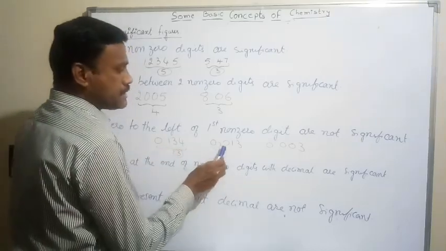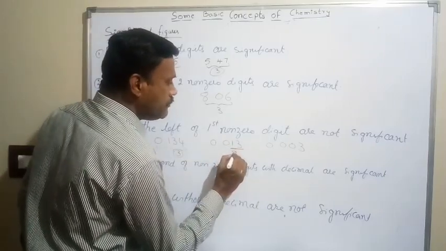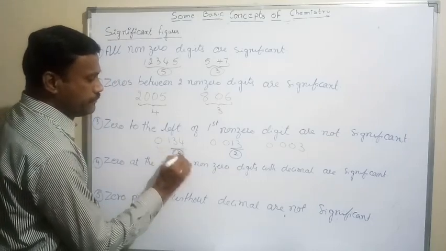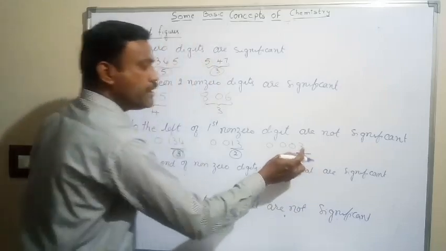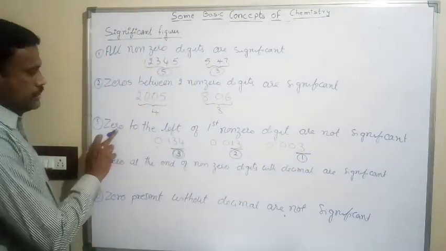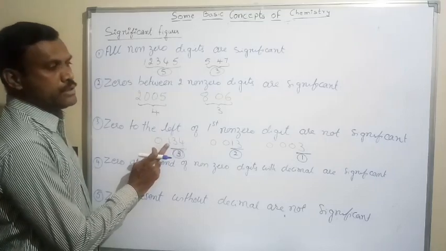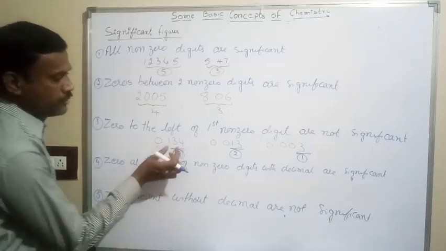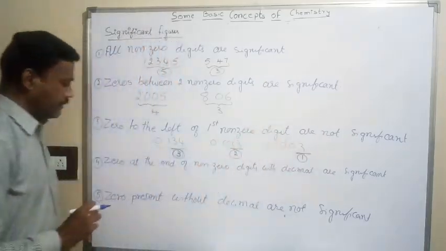In the second case, 0.013, it is 2. And in the third case, only one significant figure. Zeros to the left of the first non-zero digit are not significant.